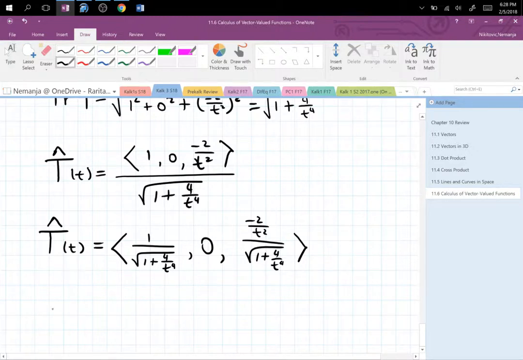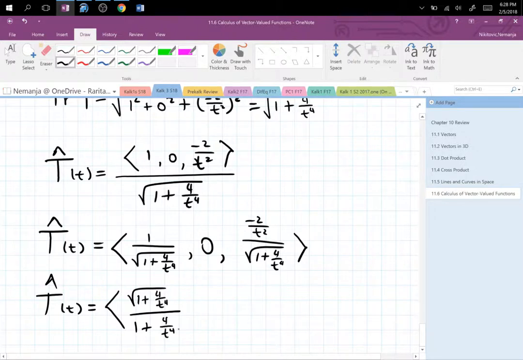Now when you rationalize, you multiply by the same square root, right? You have a square root of 1 plus 4 over t to the 4th up, and then you have 1 plus 4 over t to the 4 here. This one is still 0. And the second one is negative 2 over t squared times the square root of 1 plus 4 over t to the 4th divided by 1 plus 4 over t to the 4th.